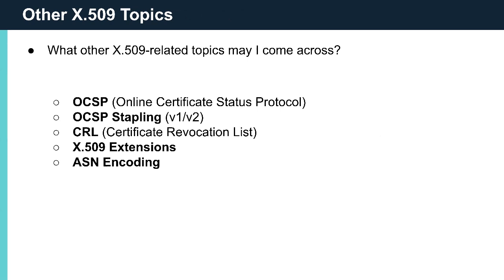There's a number of X509 extensions, and then you're probably bound to encounter ASN encoding if you get down into too much depth with certificates and keys. Time permitting tomorrow, we'll go over a little more detail on OCSP and CRL.